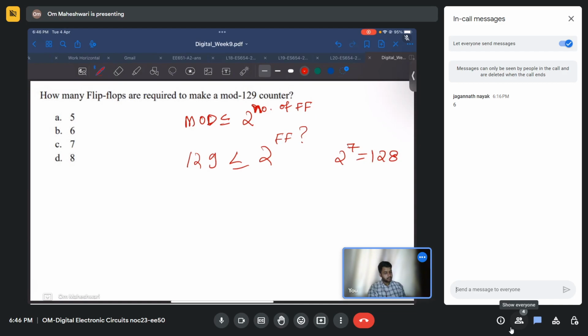So with 7 flip-flops, is 129 less than or equal to 128? That is not true. So that means we need 8 flip-flops.